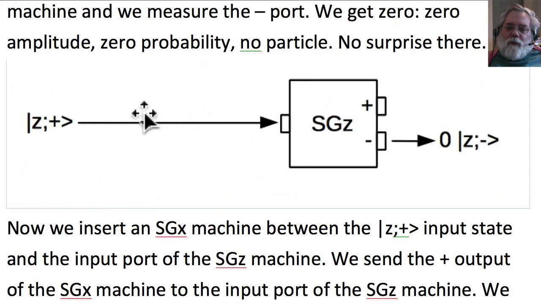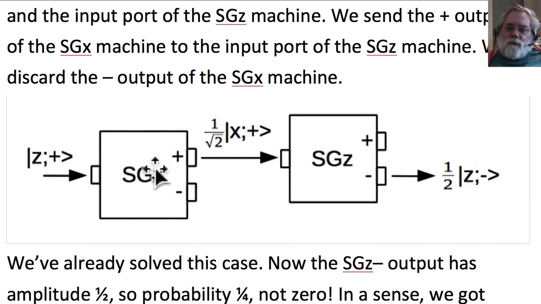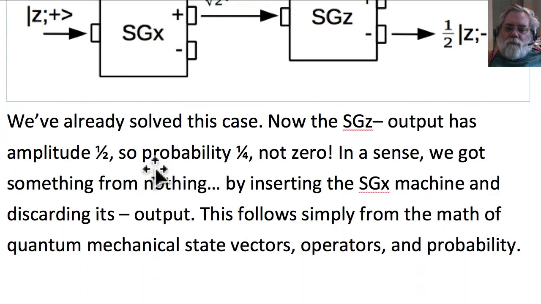So with nothing in the middle, we get 0 probability for a Z minus output. But when we insert a box in the middle, we get non-zero probability for Z minus. In a sense, we get something from nothing by inserting the SGX machine and discarding its minus output.